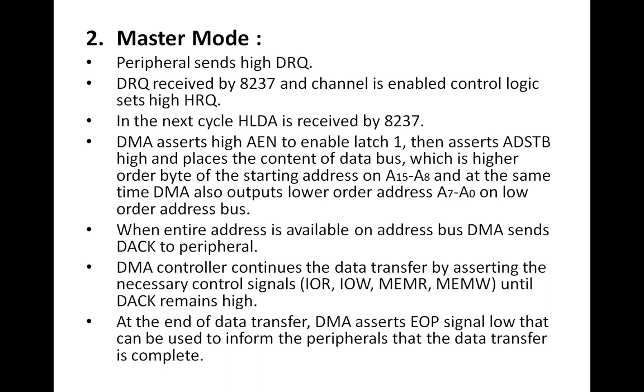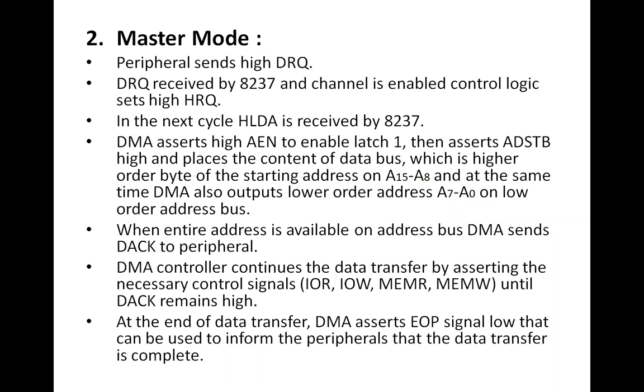Meaning, once a peripheral device that is ready to transfer the data sends a request signal through the channel to the DMA controller, and the DMA controller knows that the channel is active and the device is ready, then it sends the hold signal to the microprocessor by making the HRQ line high.